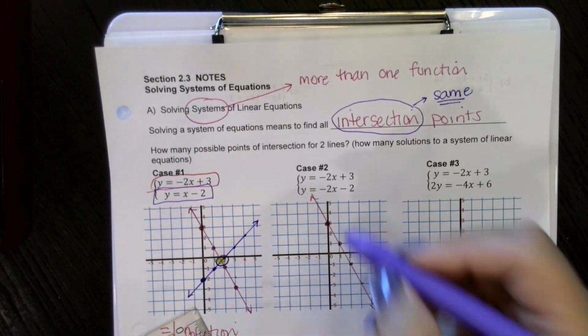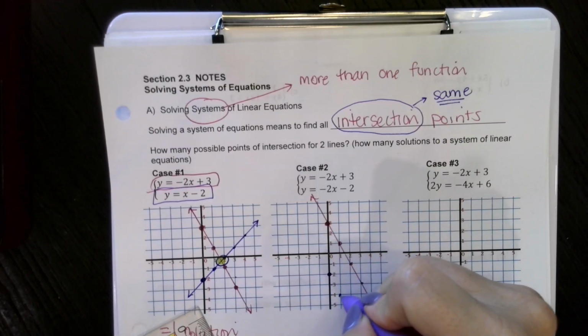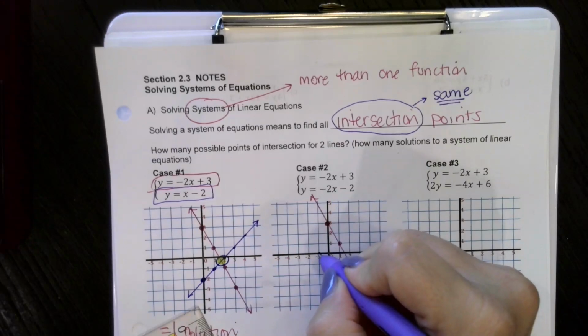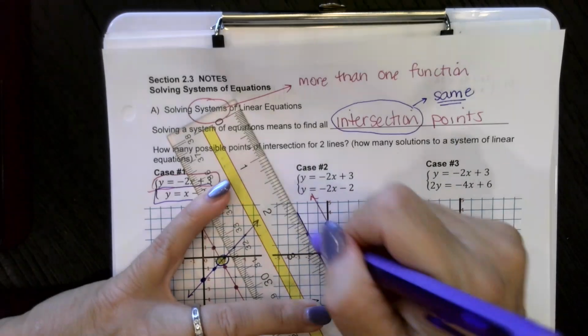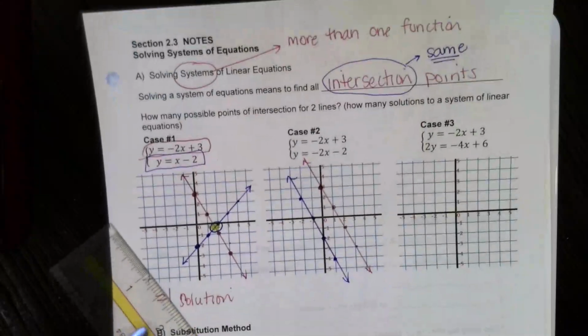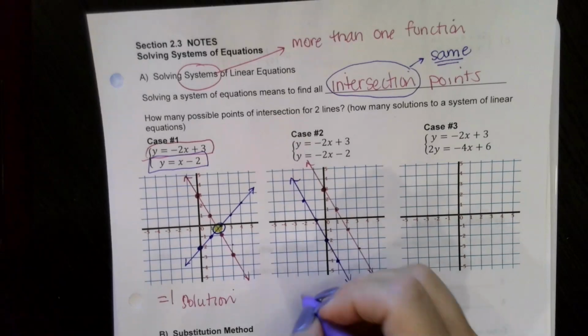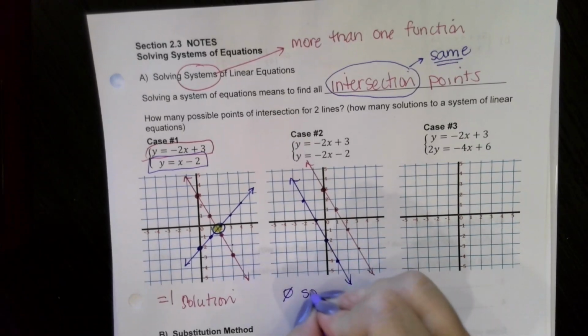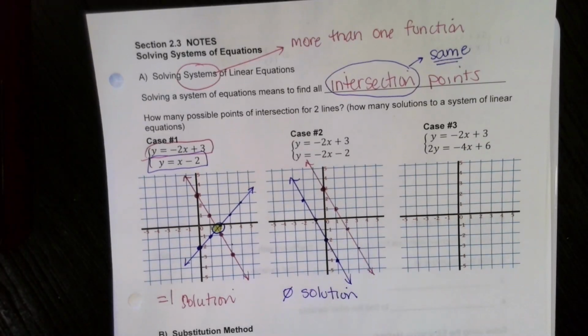And now I go to my second line, and this one starts at -2, but I have the same slope. So if I look at this line, it looks like this. So what happens is I now have parallel lines. So this gives me 0 solutions. If I'm looking for the intersection point and they're parallel lines, they're never going to intersect.